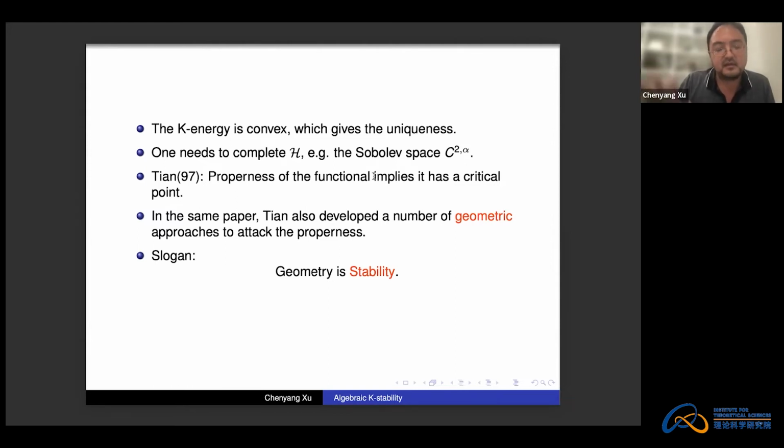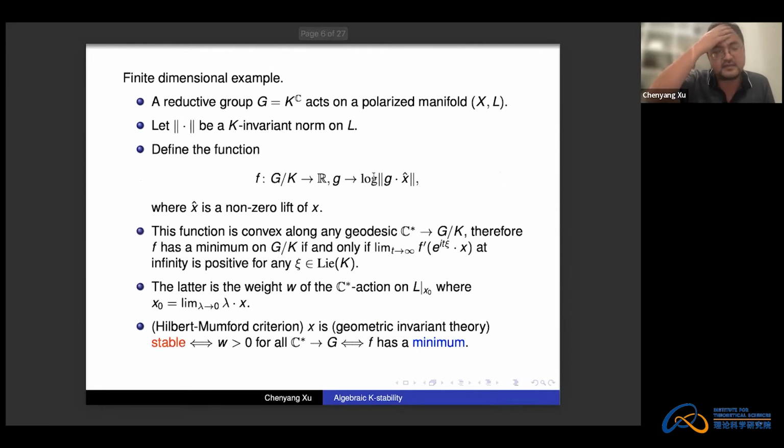But let me just give you a finite-dimensional example to explain why stability will play such an important role in this problem. You can think about it as a prototype of all what we want to do.